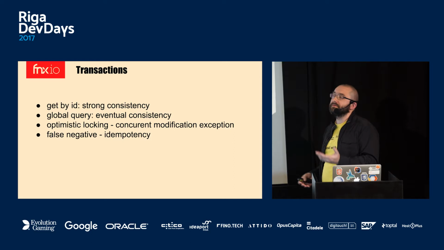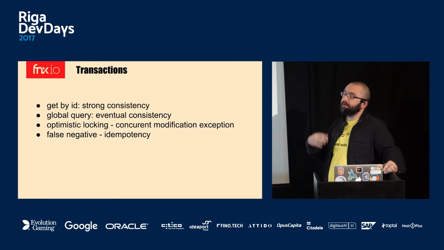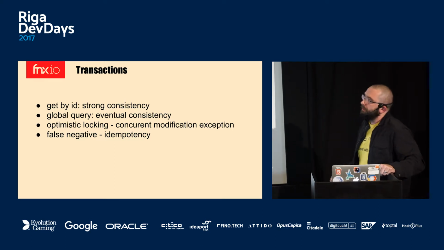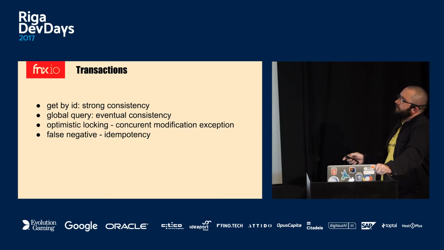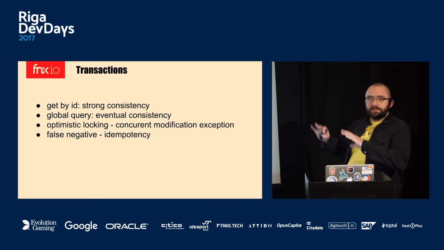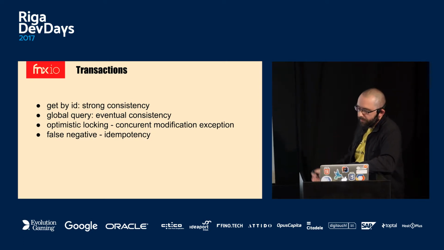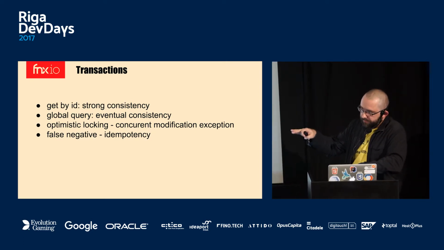You have to write your transaction so that if it's run twice, the result will be the same. Again, with this retrying of your transaction, this might happen sometimes. Objectify will manage all this for you, so you don't have to take much care about it, but you should know what's going on underneath.